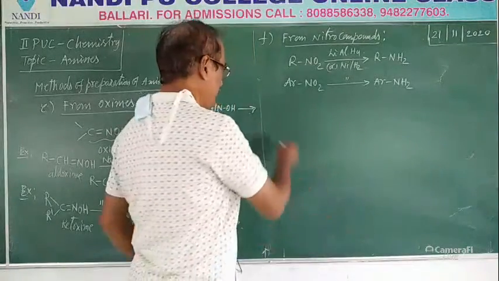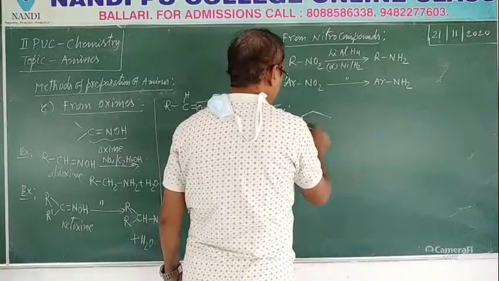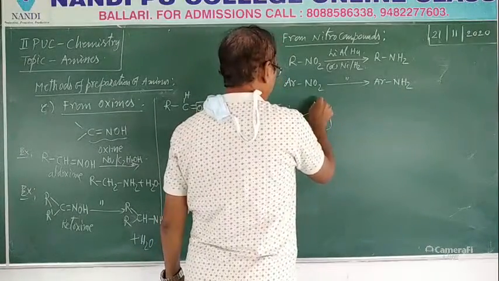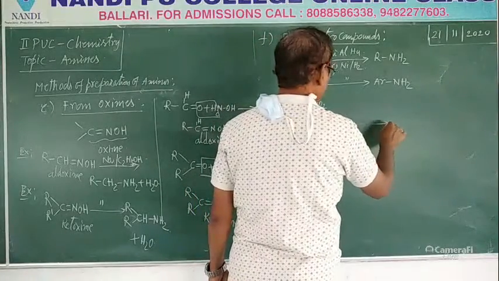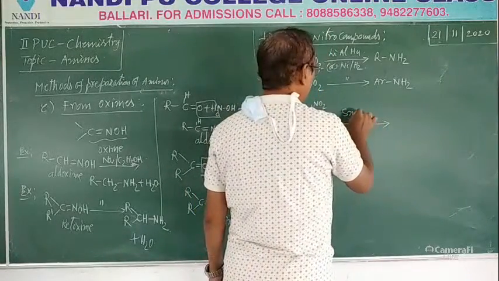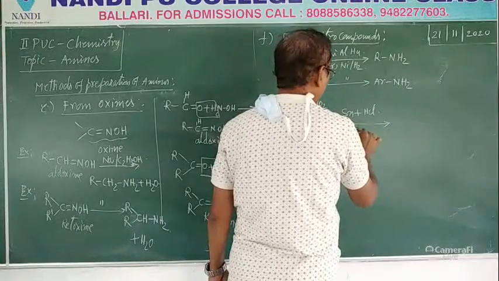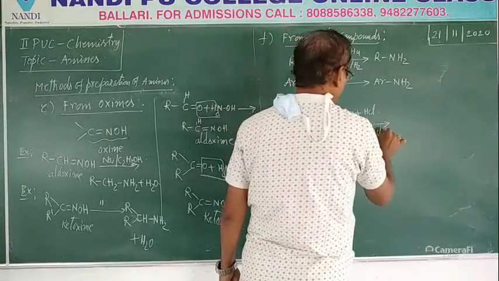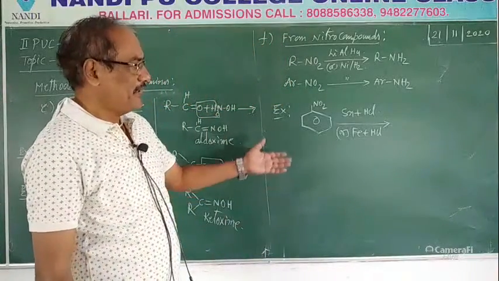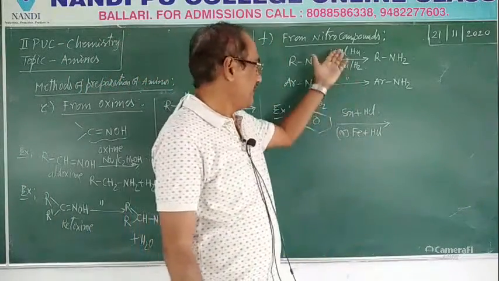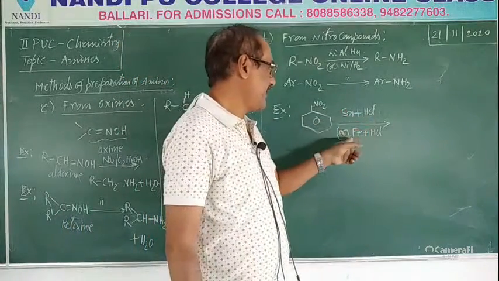Let me take one general example, an aryl amine. Nitrobenzene is treated with, I am changing the reducing agent, Sn/HCl or Fe/HCl. Generally, whichever reagent is cheaper is used; lithium aluminum hydride is a costlier reagent, so you can go for Sn/HCl or Fe/HCl.